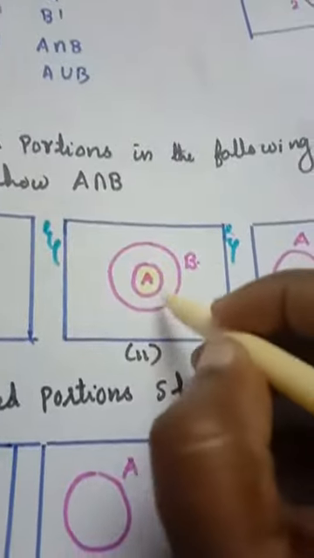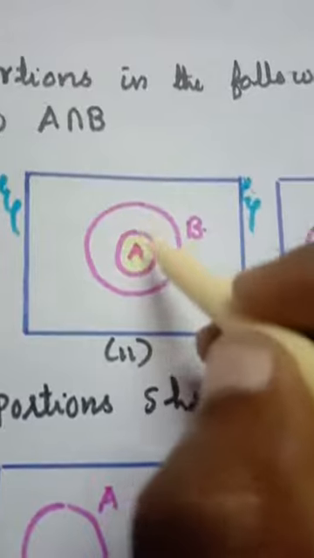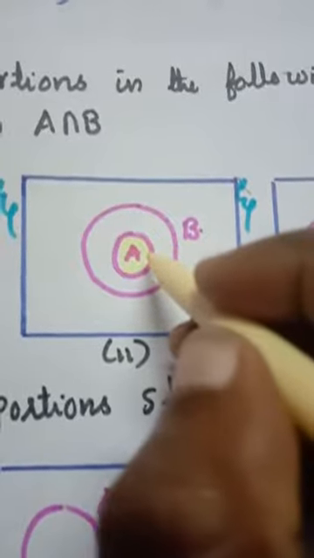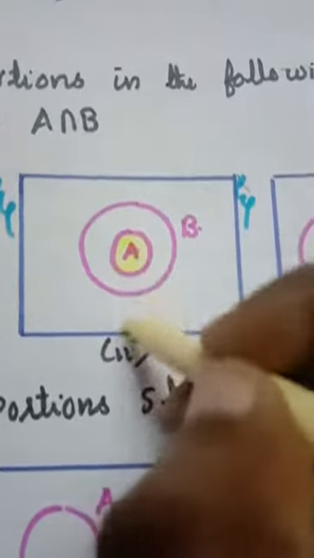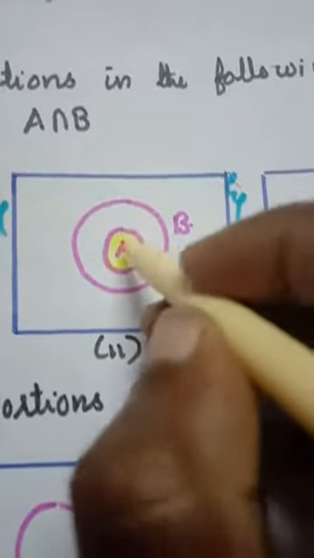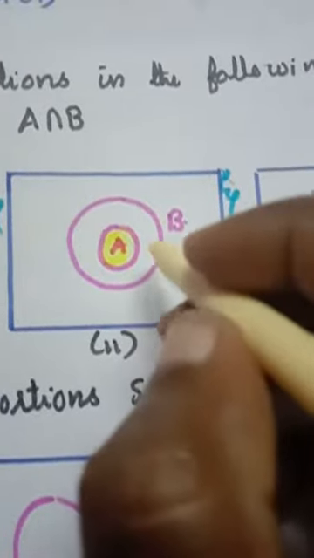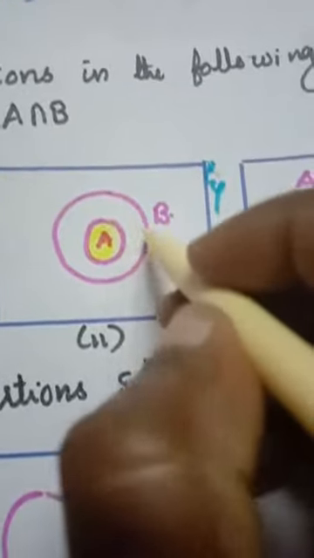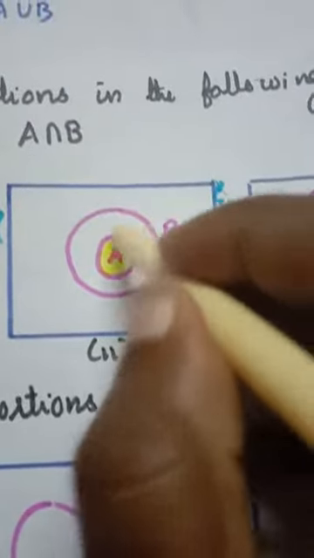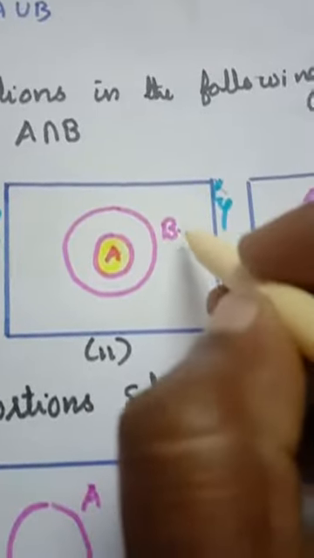Now this is subset. In subset, how to mark A intersection B? This is A subset of B. A subset of B means all the elements of A are contained in B, all the elements of A are also in B. So the common part is A only, because the same elements are there in A and B, but here A is inside B. B contains some more elements.